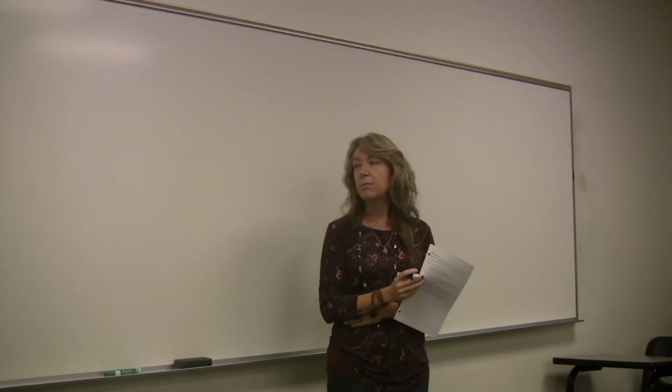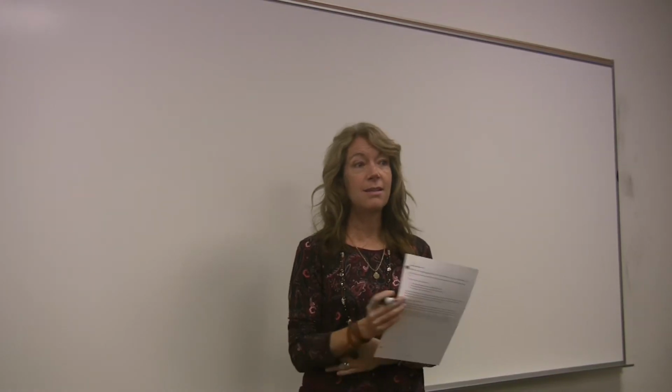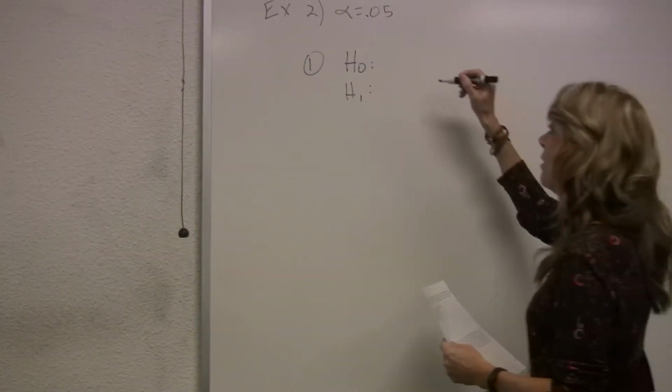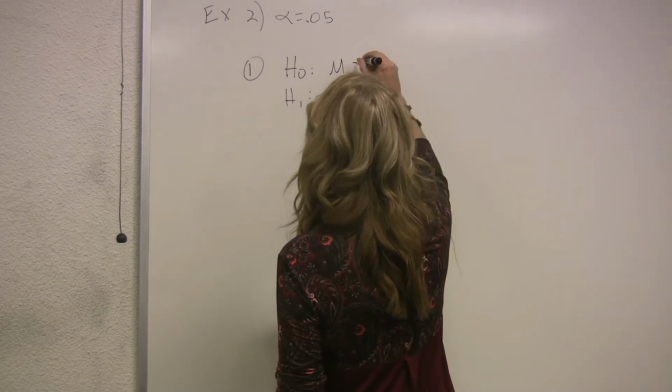Okay, what do I do first for this problem after you type those into your calculator? Write your claim. What is my claim in this case? mu1 equals mu2. You stopped, Brian.